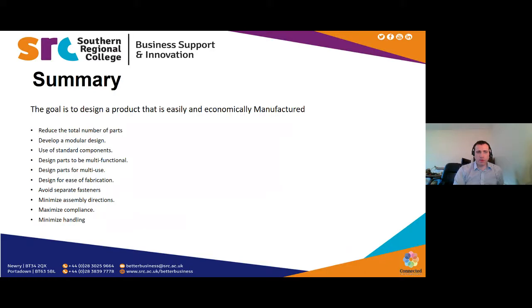So the summary is reduce the total amount of parts needed in a machine, develop modular designs, use standard components if possible, understand you need a design for ease of fabrication, avoid using fasteners, that's your nuts and bolts if you can. At the end of the day, you need to be concentrating on reducing the amount of work involved in production. That will lead to massive saving. And I think that's really it.